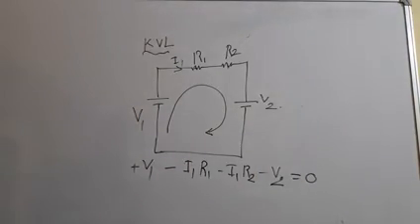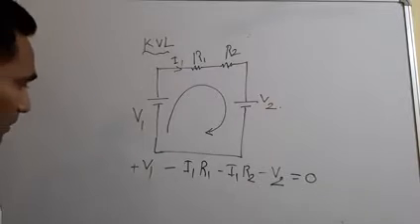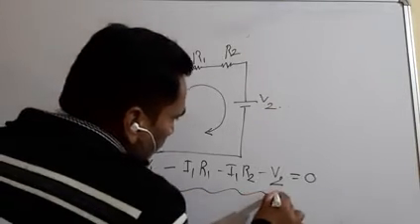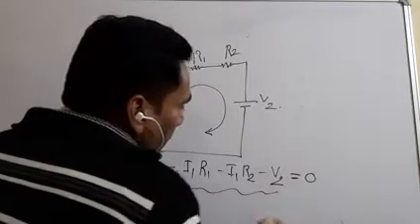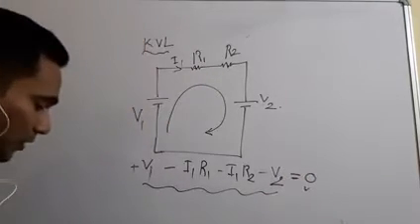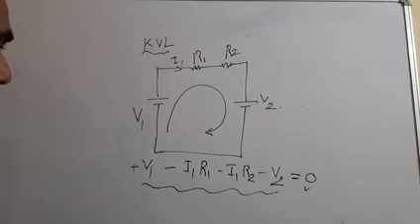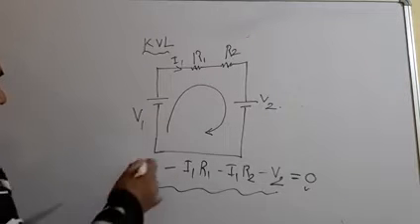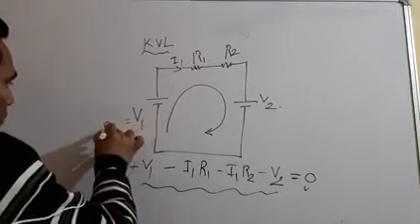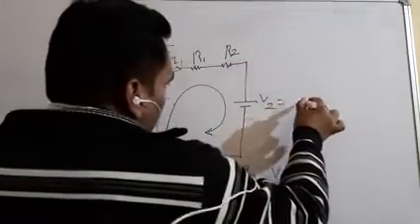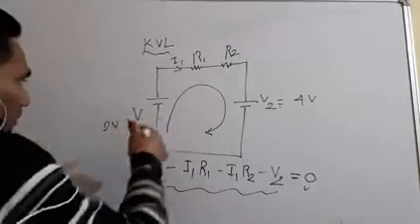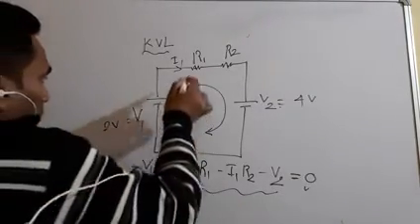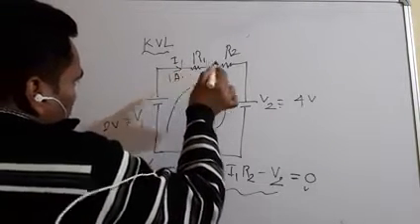So these are the voltage sum. I am equating it to 0 according to the Kirchhoff voltage law. If we take a numerical example, let us consider here 2 volt, here 4 volt, and the current flowing through it 1 ampere.